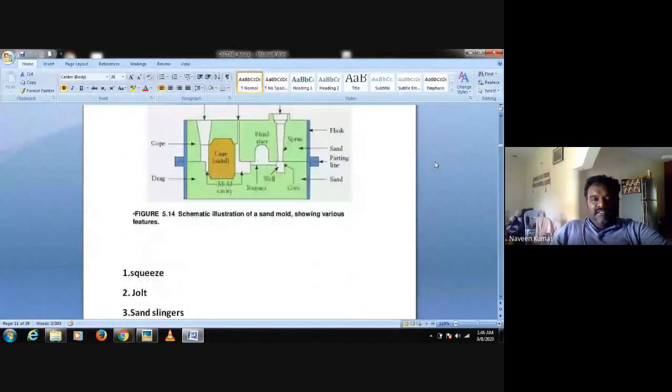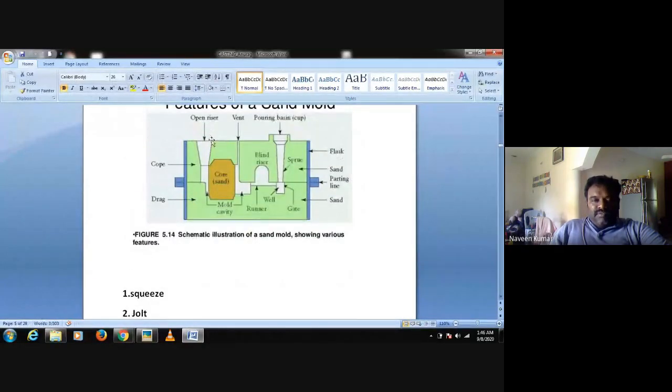Once the mold cavity is produced, we pour molten material into the pouring basin. The molten material passes through the sprue and reaches the sprue base well, and finally it reaches the mold cavity. Once the mold cavity is completely filled, the molten material starts flowing through a riser.